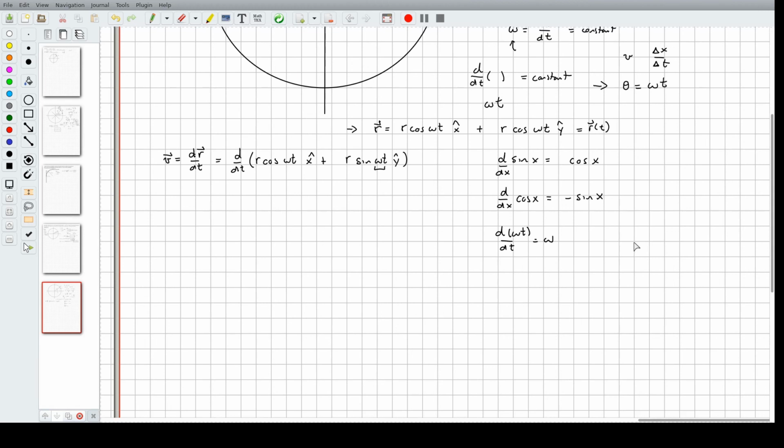Okay. So here, for example, if I took the derivative with respect to time of r cosine omega times t, the r comes out, and what I'm taking is the derivative of this. Now, when you use the chain rule here, the derivative of cosine is minus sine.